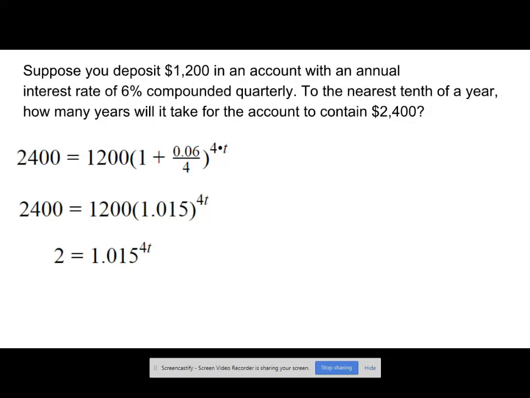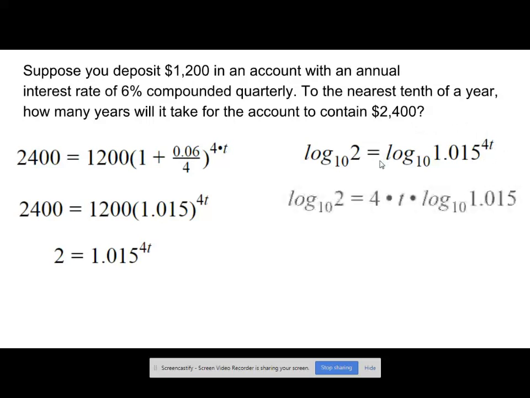So if I take the log base 10 of both sides of that equal sign, nothing else changed, I can use that property number 3 of logarithms, which allows me to take this exponent 4t and bring it down front. Now I expanded the 4t to 4 times t, but I just put a dot. That's the only thing I changed. So I pulled that 4t down.